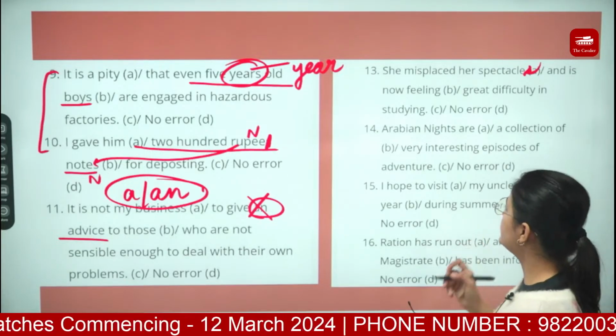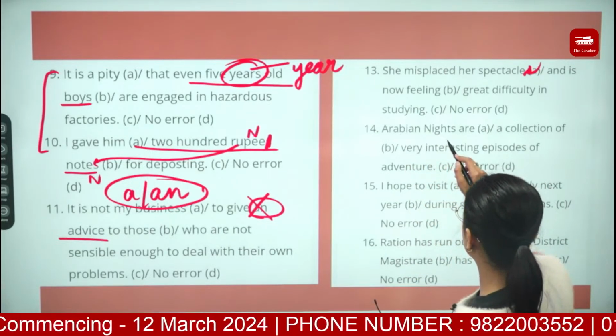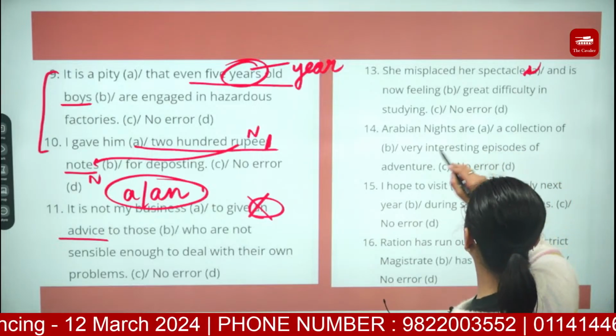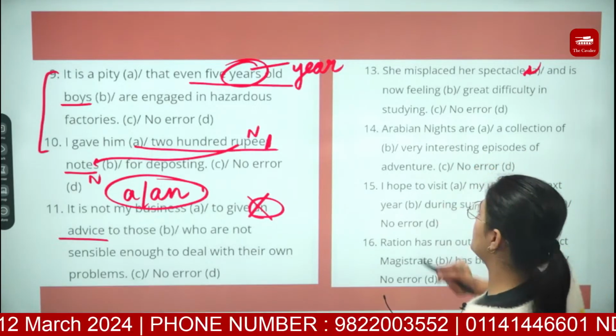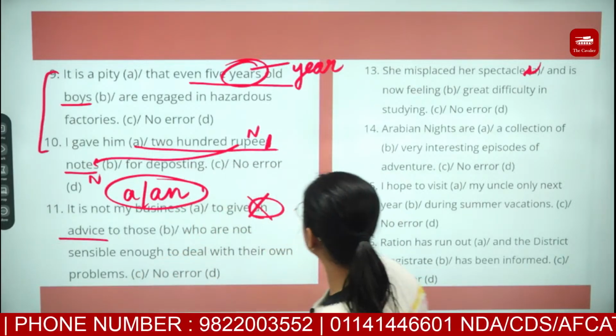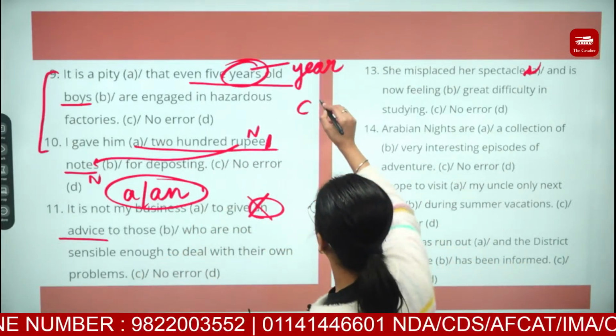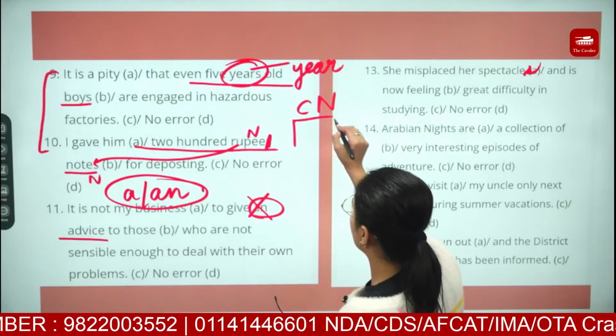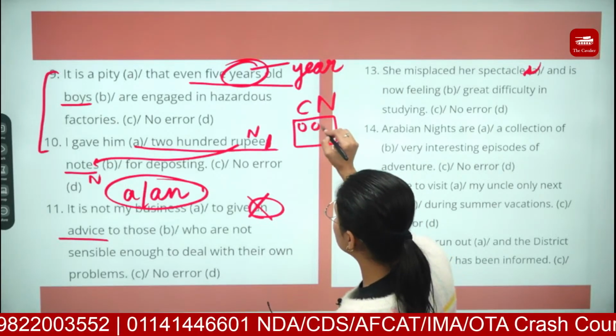Okay. Now this question. Arabian Nights are a collection of stories. This we did in the last class. Okay. Now I told you there is a group. Okay. But there are parts also.